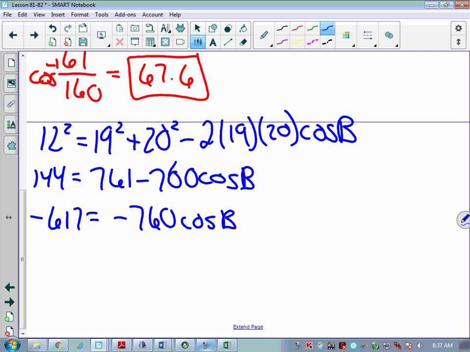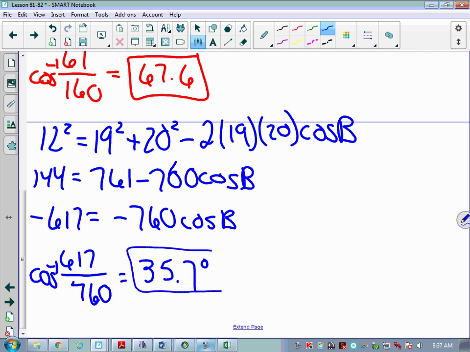You should get 617 over 760. Evidently it does not reduce. So inverse cosine of 617 over 760, what do you get? 35.7.